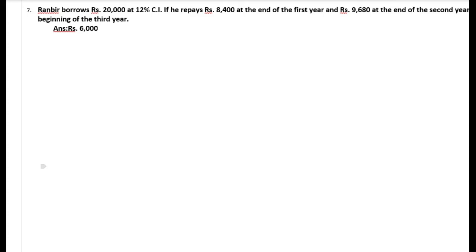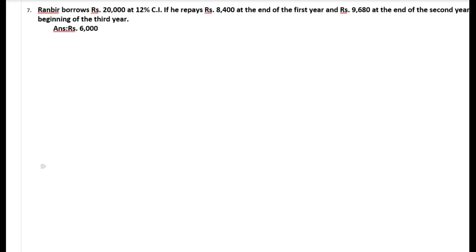This is exactly the opposite question of Mrs. Kapoor. Sixth question. In this question, they have asked about repayment. Ranbir has already taken a loan and he's repaying, and he's not repaying the same amount every year. He is repaying a different amount at the end of the year.